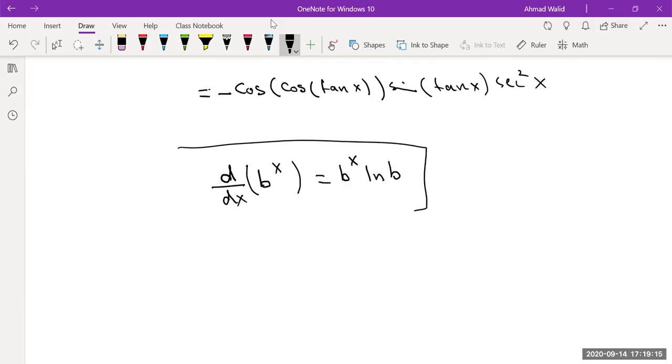That's the formula. I'll show the proof in calculus 2, not in calculus 1.